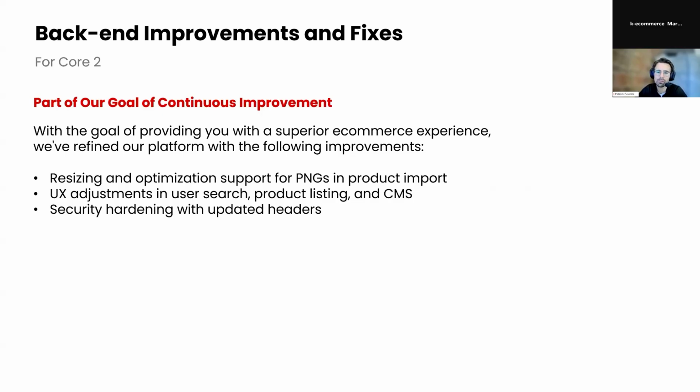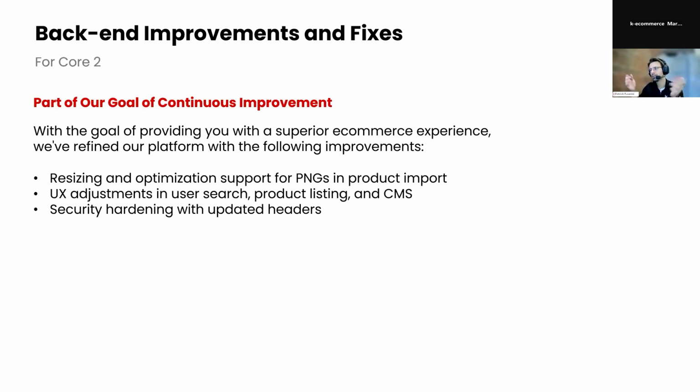So the first one is resizing and optimizing support for PNG images through the product import. Historically, we were able to support JPEGs as well as PNG images, but we had a special tool in the back end of our system that allowed for automatic resizing, or creating the different sized images, if you uploaded a JPEG file.